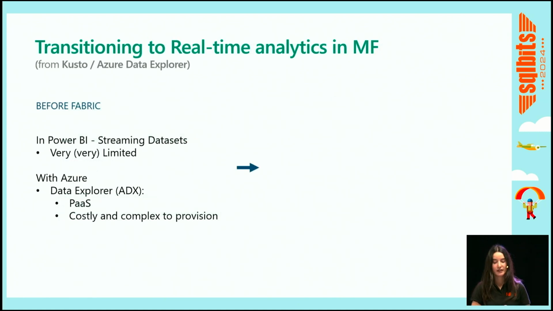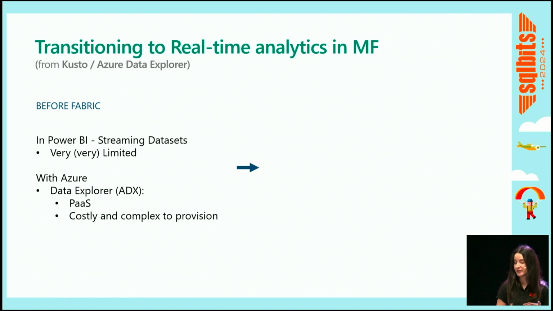So now let's look at our options for building real-time analytics solutions. How could you do it before Fabric? You had streaming datasets, which were, in our opinion, very, very limited. You only had one endpoint, very limited configurations, and you could only build dashboards.